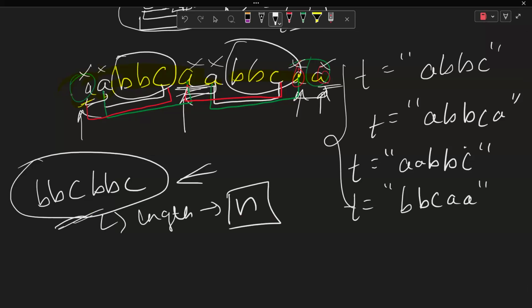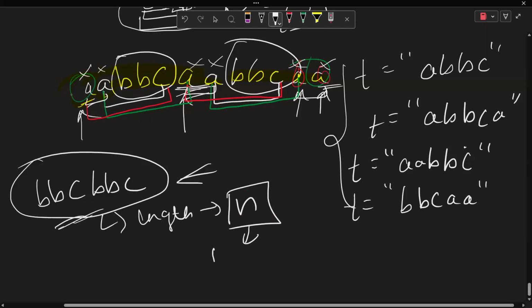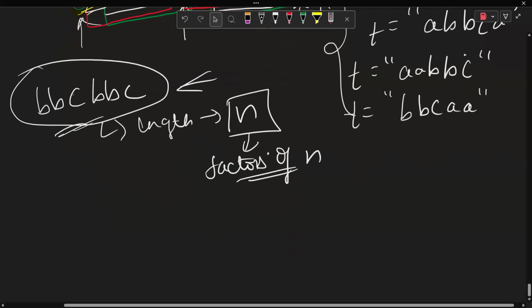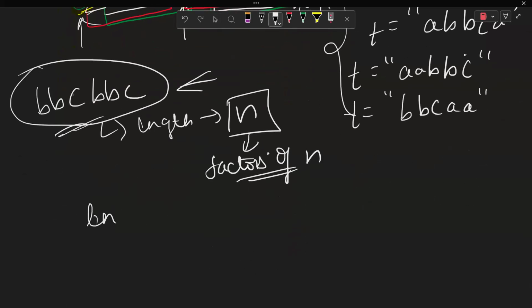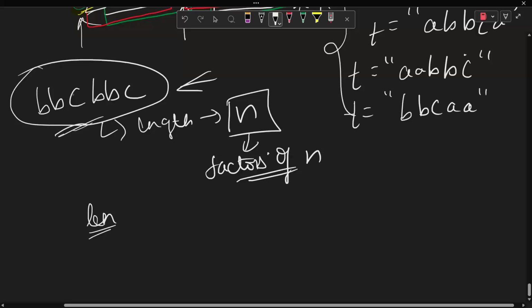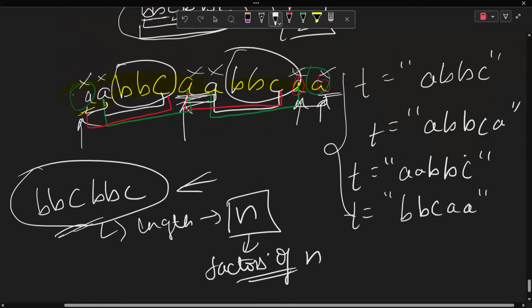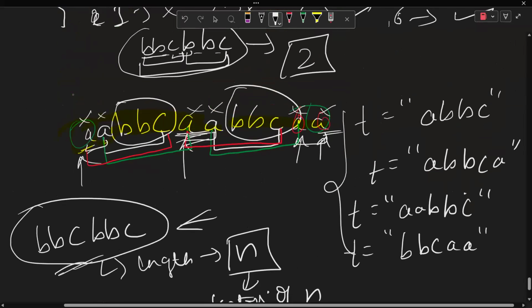If the length of this string is n, then for t we are only going to go to all the factors of n. So these factors of n denoting the length of t, for this case, this would not actually be the length of t, but the length of non-A characters in t.